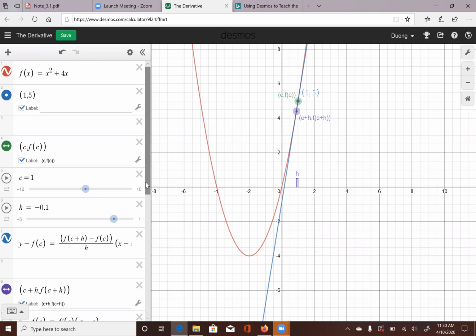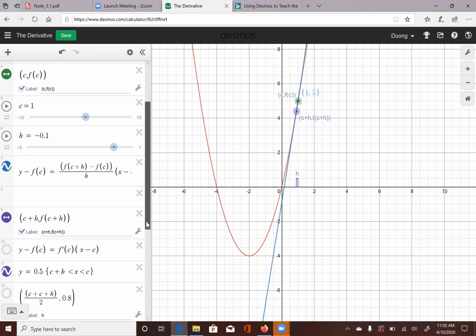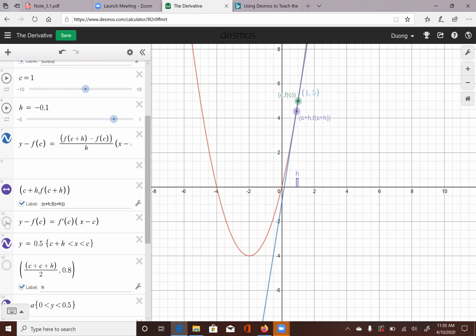We can look at the real tangent line that goes through 1, which is the black line. The black line here is the tangent line that goes through this point, and the blue line is the secant line that uses the second point to estimate the black line.